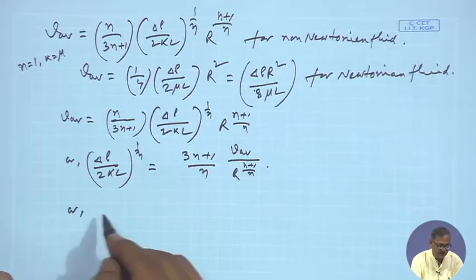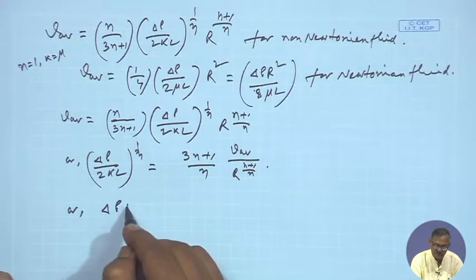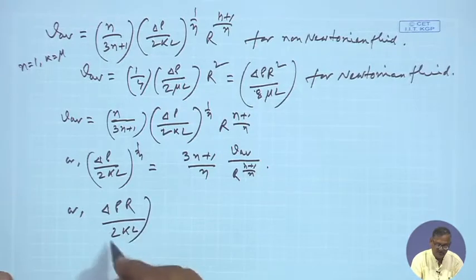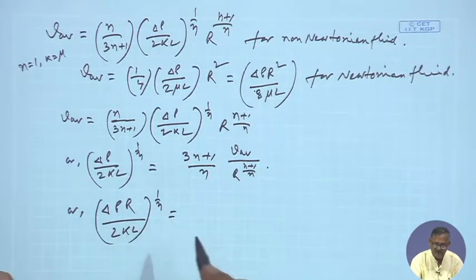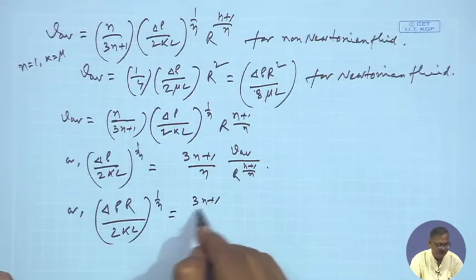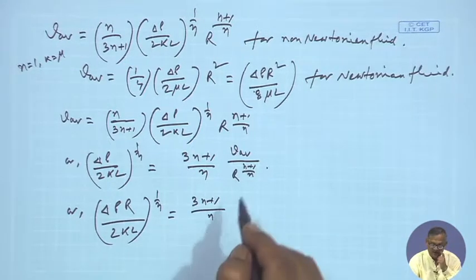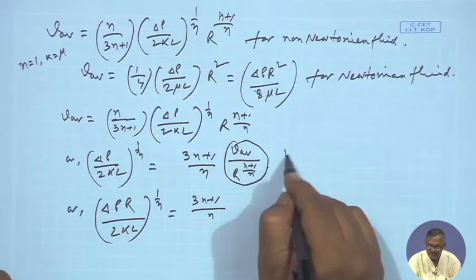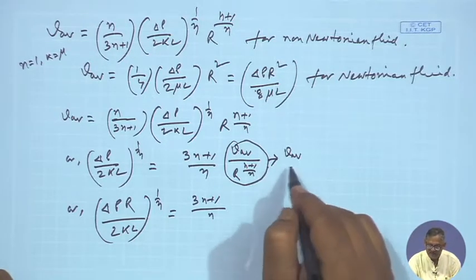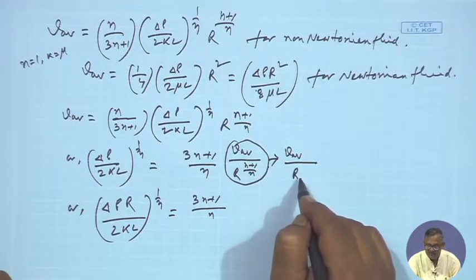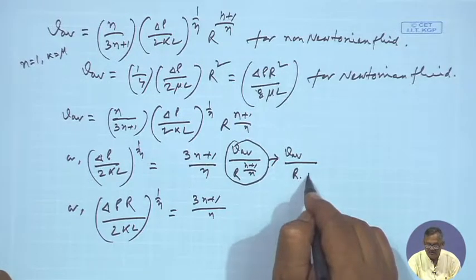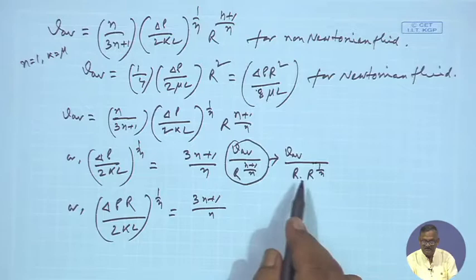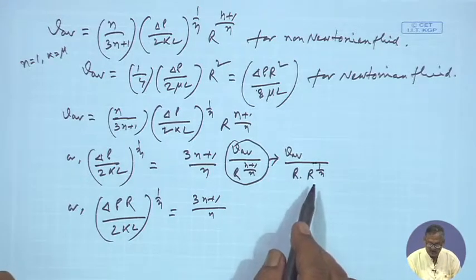This also we can rewrite as delta P R by 2 K L to the power 1 by n equals 3n plus 1 by n into V average divided by R into R to the power 1 by n.